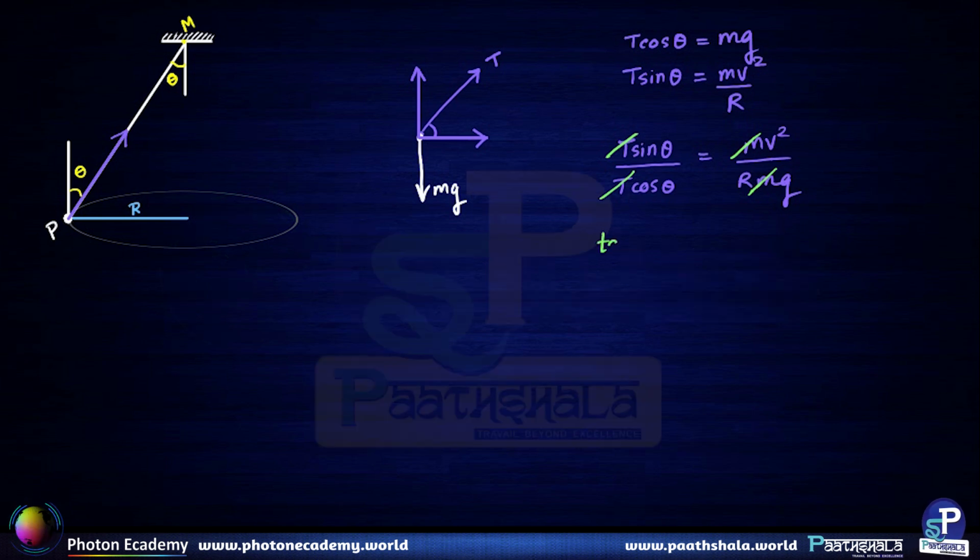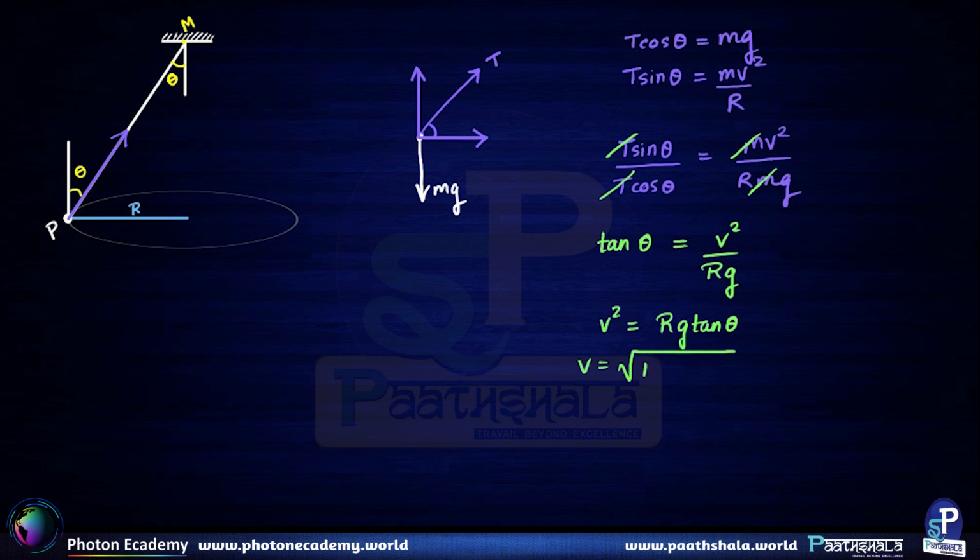So that is tan theta. Tan theta is going to be equal to v square upon rg. Or in other words, v square is going to be equal to rg tan theta. That is, v is going to be equal to under root of rg tan theta.